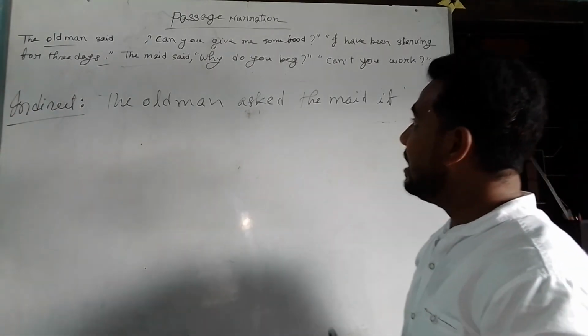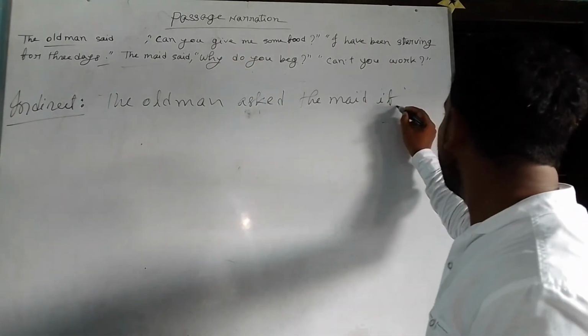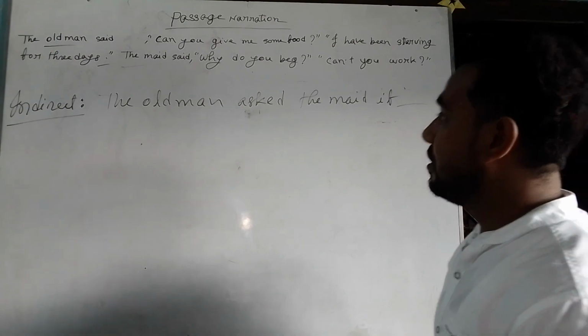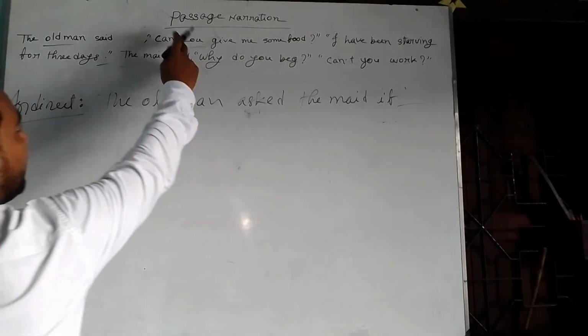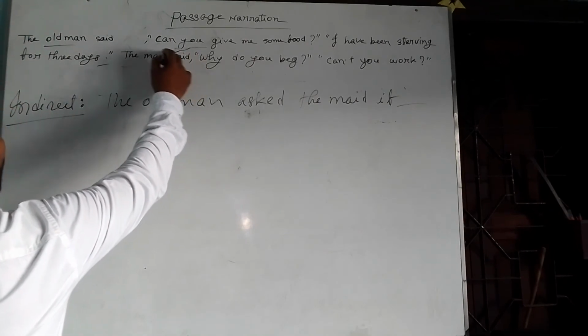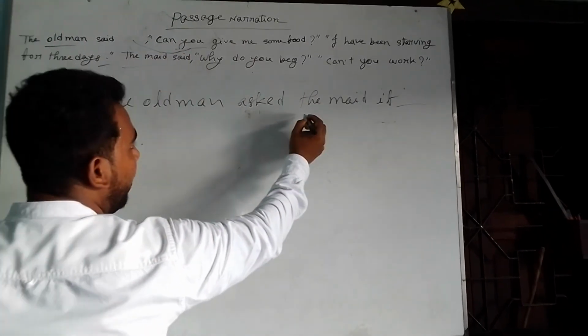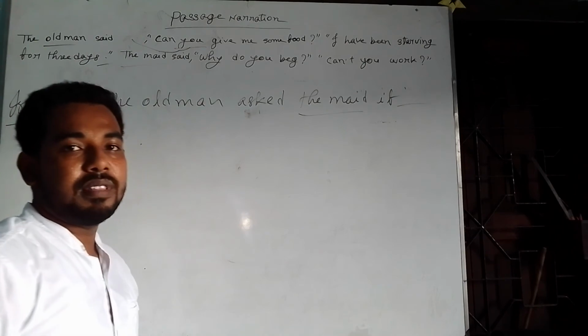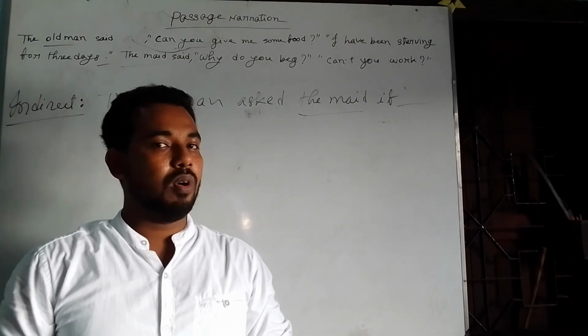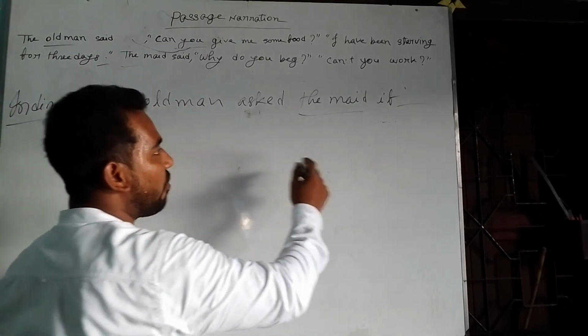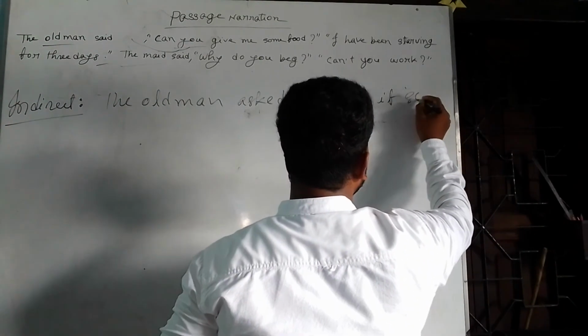Then we have to write the subject. The pronoun you is given here, so you always follows the maid. The maid indicates a female or woman. So the pronoun will be she.